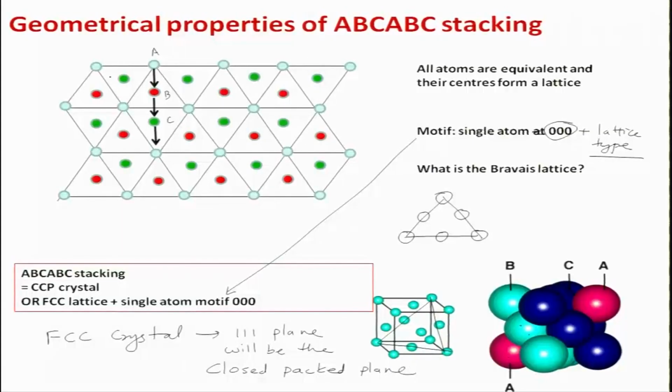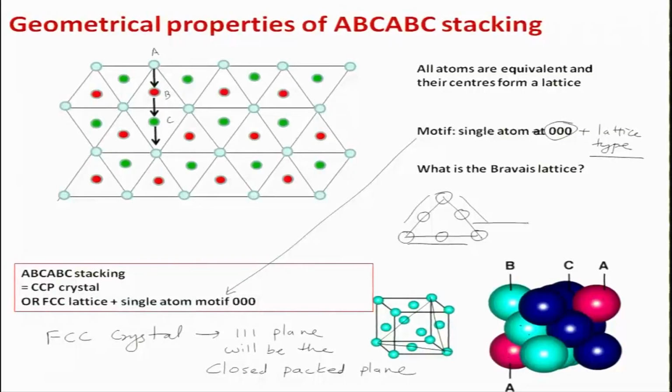And you can see what these directions are now. Which are the close packed directions? These are the close packed directions, right? What are the indices of these directions? If a direction lies within a plane, then the dot product should be equal to 0.